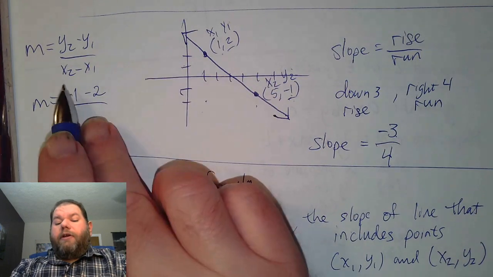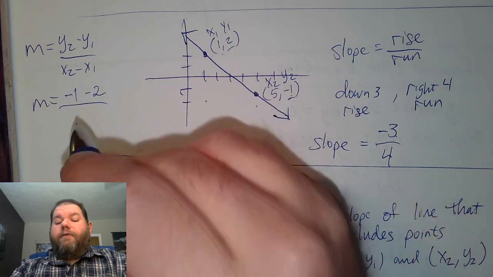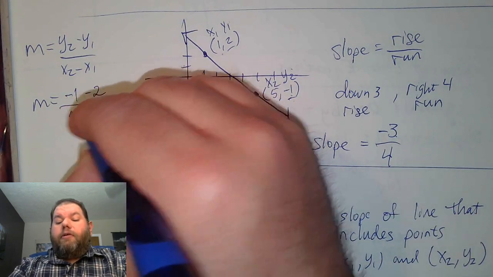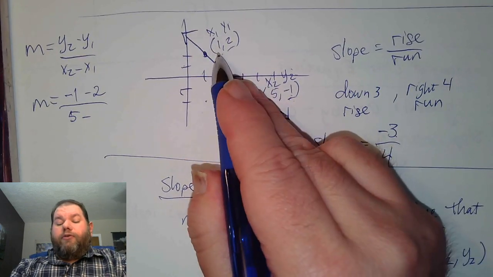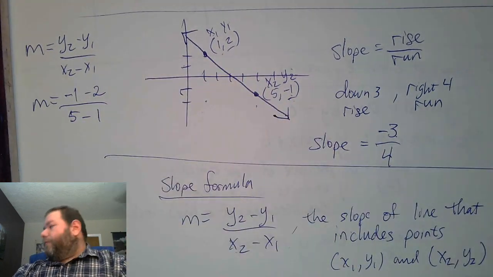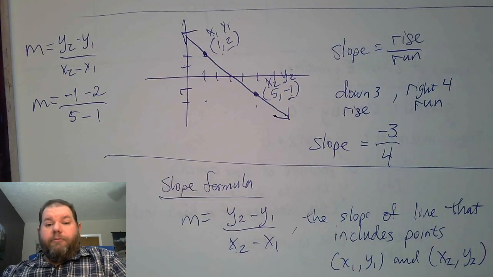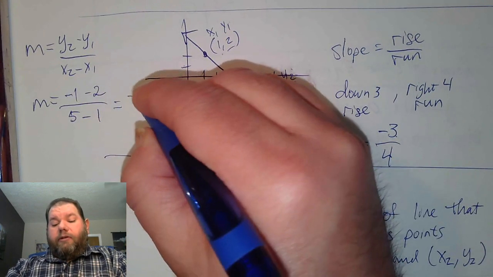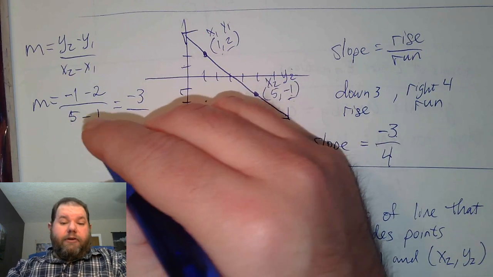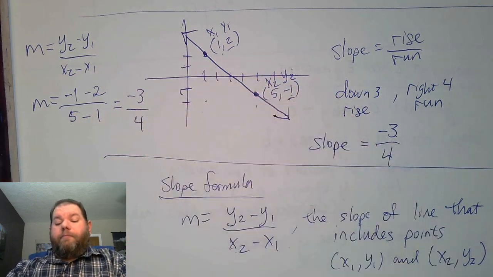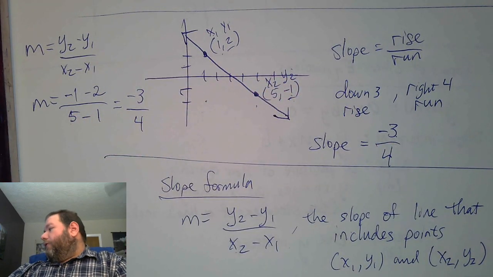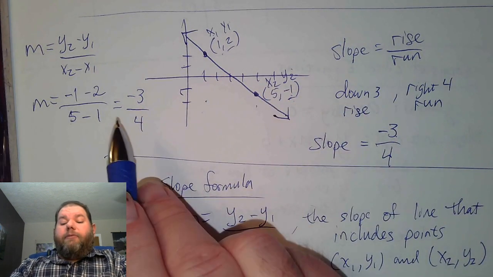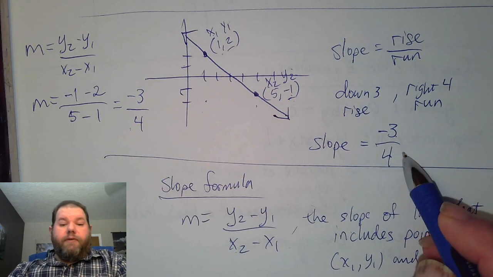On the bottom we take x2, which is 5, minus x1, which is 1. And then we simplify that result. Negative 1 minus 2 is negative 3, and 5 minus 1 is 4. Notice we get the same slope here as we did over here.